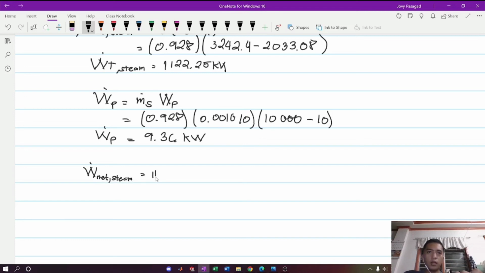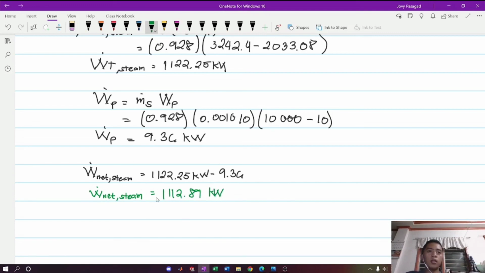Next is ma-solve na to ang work dot net sa steam. So that is 1,122.25 kilowatts minus 9.36. So answer would be work dot net sa steam is 1,112.89 kilowatts.